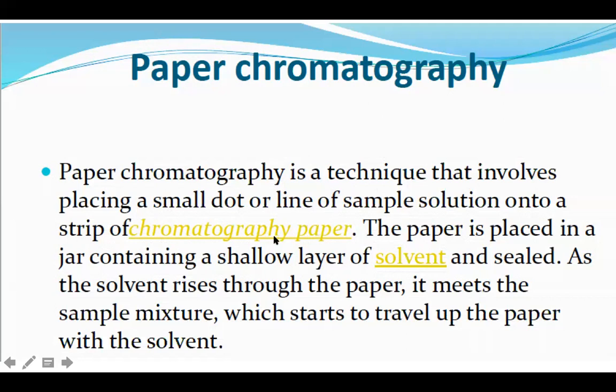The paper is placed in a jar containing a shallow layer of solvent, usually organic solvent, and it is sealed. As the solvent rises through the porous paper, it meets the sample mixture, which starts to travel up the paper with the solvent.